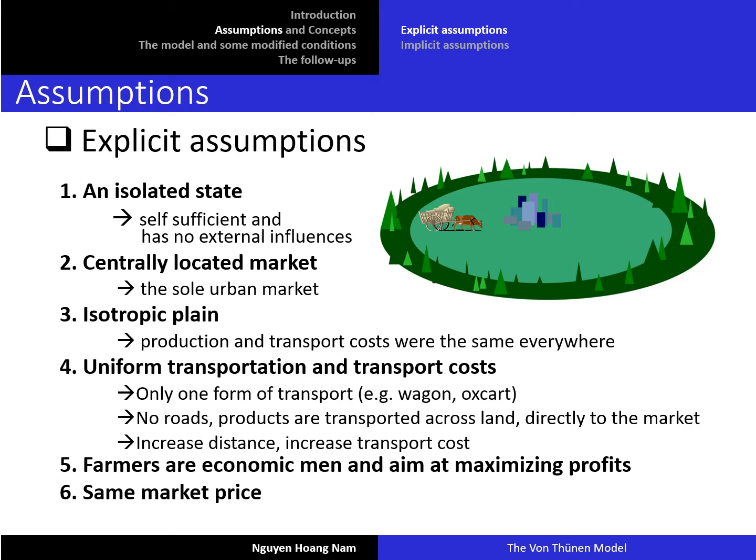The fifth, farmers are economic men and aim at maximizing profits. This is, as I mentioned before, one of the most important, if not the most important assumption of this model. In fact, in reality, this assumption might not stand because some farmers just grow crops according to their preferences.